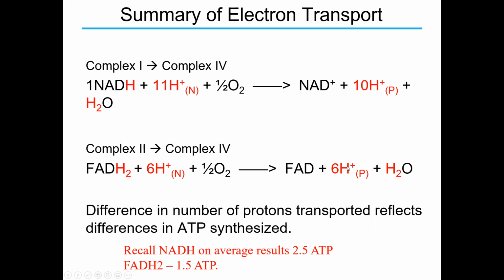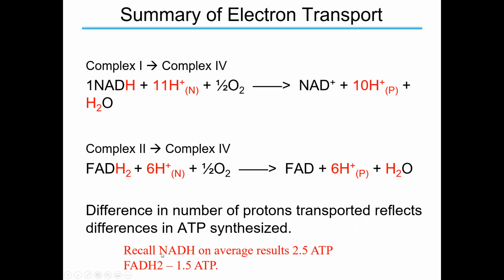Because these protons go on to form the proton gradient in the intermembrane space, and that proton gradient moves downhill through F0, F1 synthase to generate ATP. You can see that when complex 1 is involved, you are pumping more protons, and therefore it will create more energy.